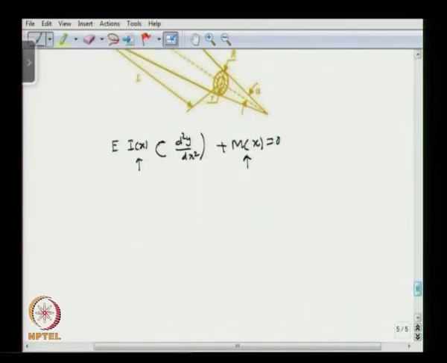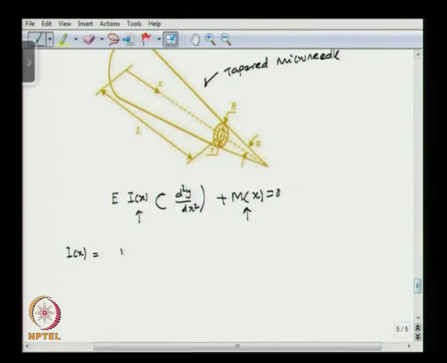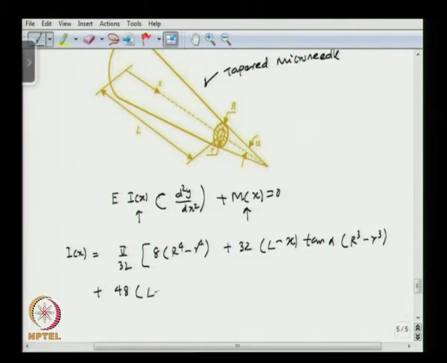So, the Ix for this tapered microneedle is given by the expression pi by 32 into 8 R1 to the 4 minus R2 to the 4 plus 32 into L minus x into tan alpha into R1 cube minus R2 cube plus 48 into L minus x square tan square alpha into R1 square minus R2 square plus 32 L minus x cube into tan cube alpha into R1 minus R2.